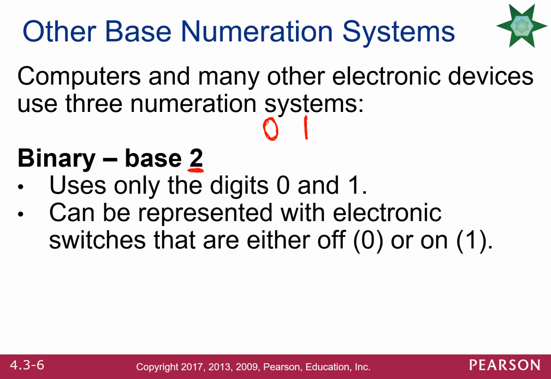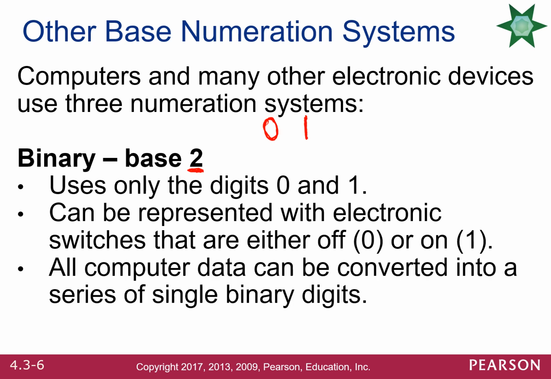They can be represented with electronic switches that are either off or on, because computer systems are based on circuits, all right, and these circuits can be turned off or turned on, and it's usually that on-off combination that will lead to representing the information, the data in the computer.